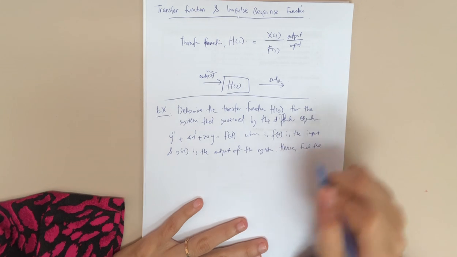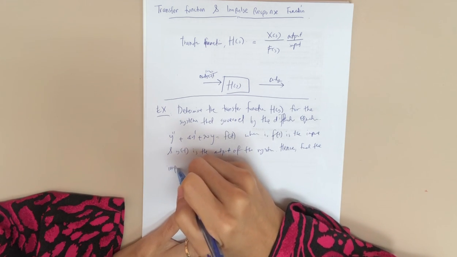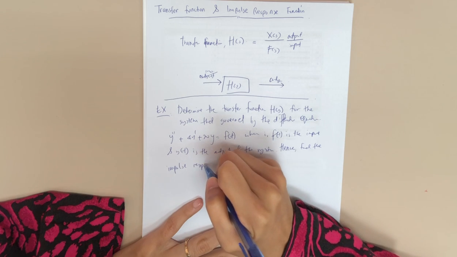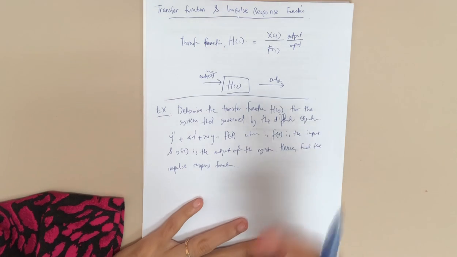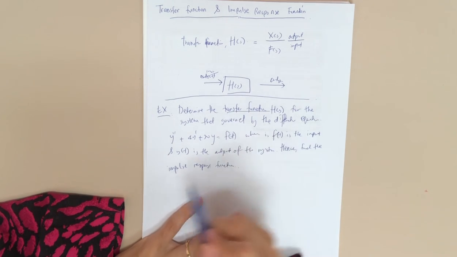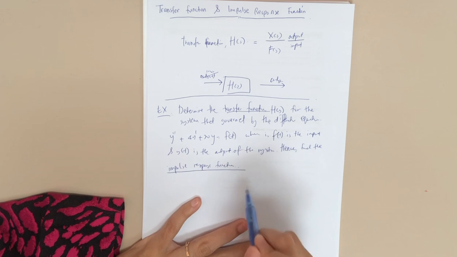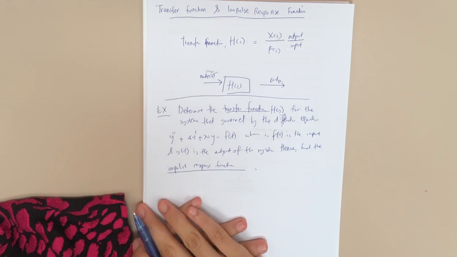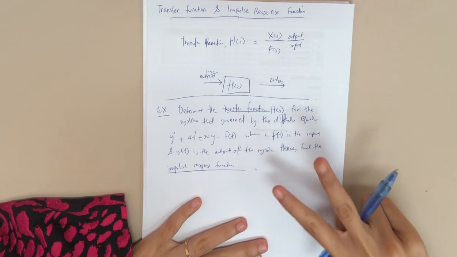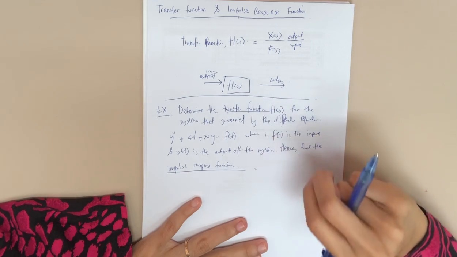Hence, find the impulse response function. So basically, if the question asks you to find the transfer function, it must also ask you to find the impulse response function. It's a pair, they always come together.